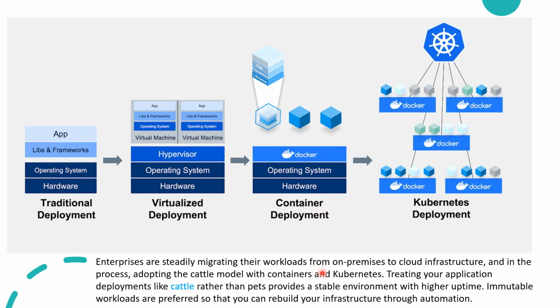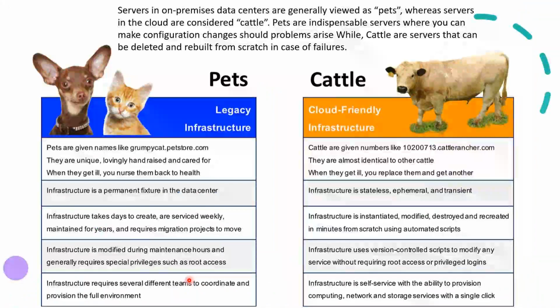And when it comes to DevOps, they always have this comparison analogy like pets versus cattle. You know how pets are treated at home, right? You have unique names for each of your pets, and you do hand raising, you give better nursing and all those things. So you take all kinds of safety precautions for them.